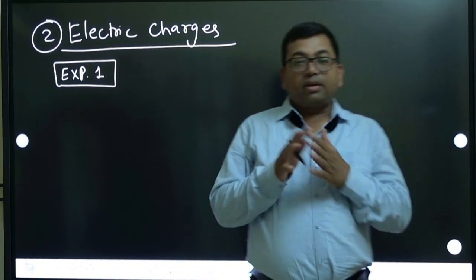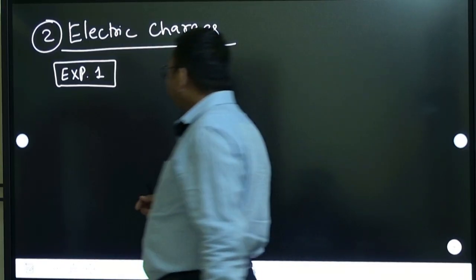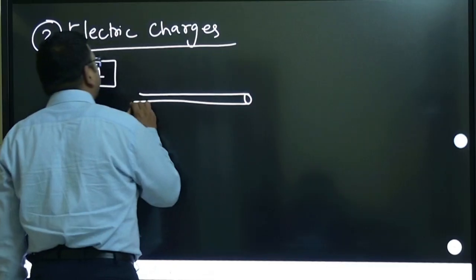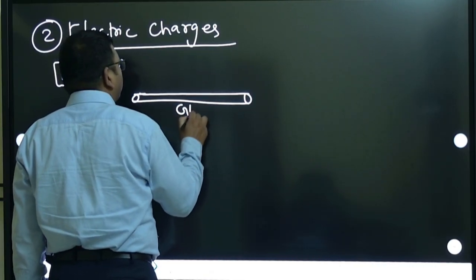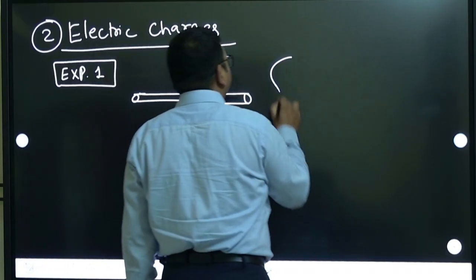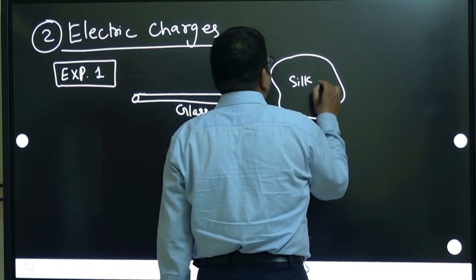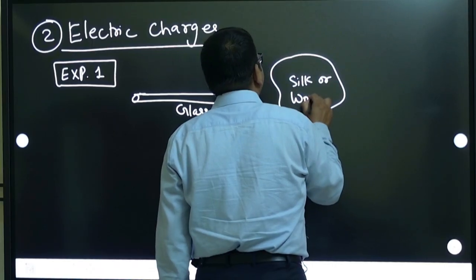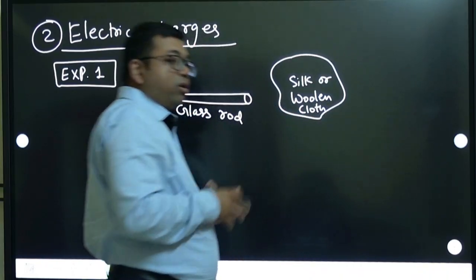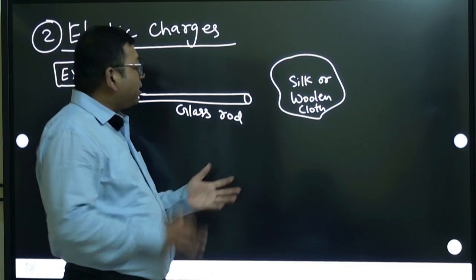So two things were rubbed to develop charges, right? So what are those two things? One thing is this glass rod, and silk or woolen cloth. A silk or woolen cloth is taken and it is rubbed over a glass rod, rubbed against each other.